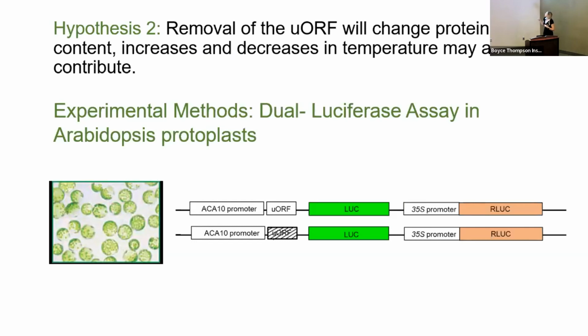The luciferase gene is under the control of the ACA10 specific promoter, which precedes the uORF or lack of the uORF, the manipulated transcript. The Renilla protein serves as a control, and it is under the direction of the constitutive promoter 35S. So once the fluorescence is observed, a ratio is taken of these 2 proteins to determine relative expression.